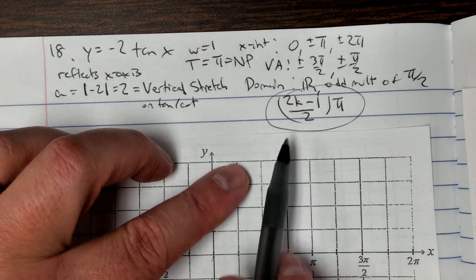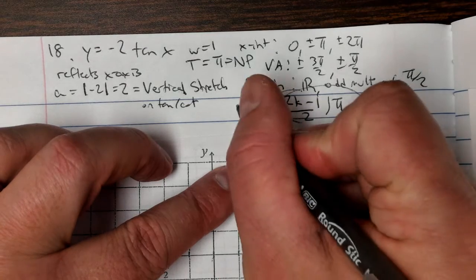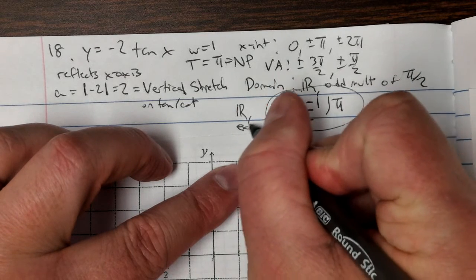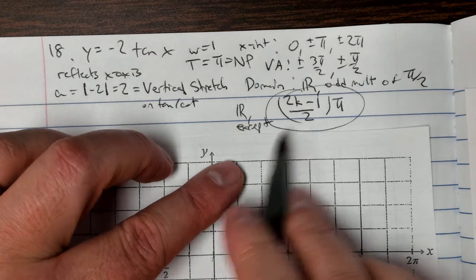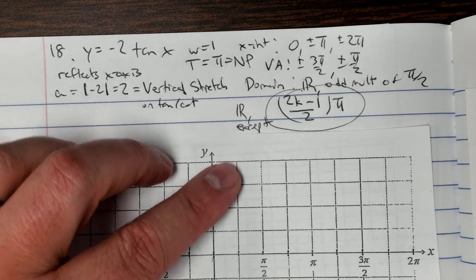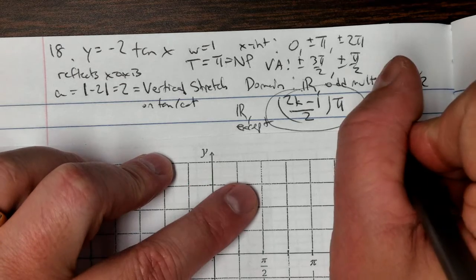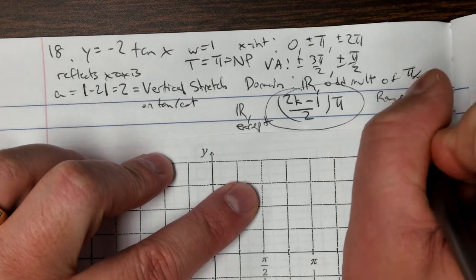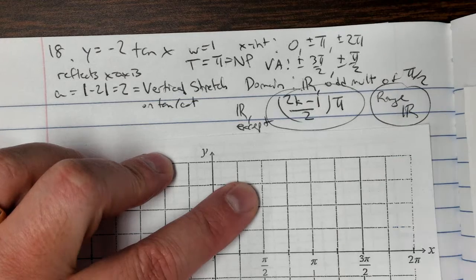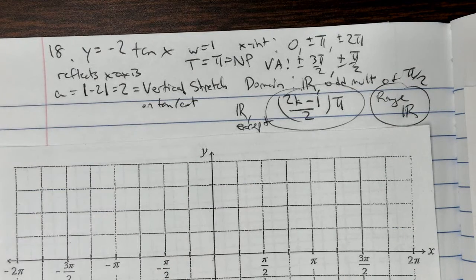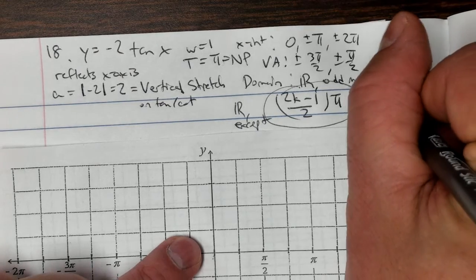So all reals except for that. And then your range is going to be all real numbers. So for tan and cotan, your range is all real numbers. Always.